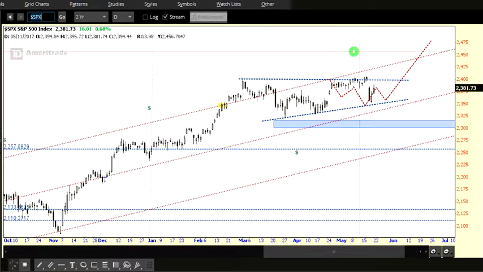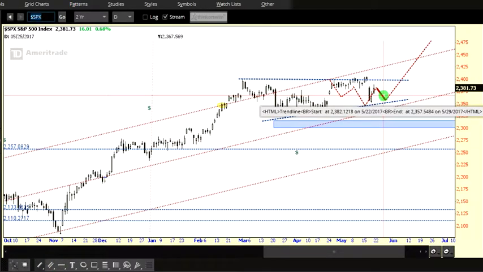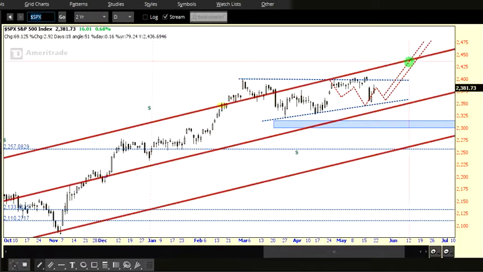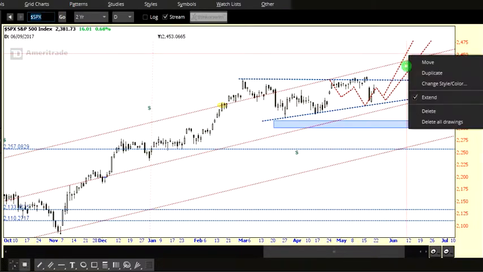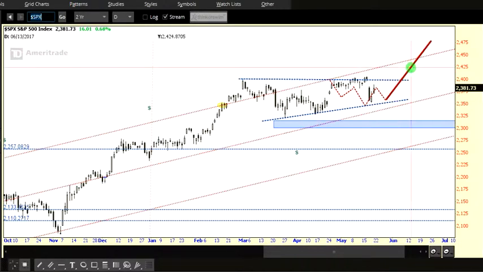So it's about a 5 or 6% move, something like that. In fact, let's just measure it, so we're not guessing. So let's say you bought here at 2367. So 2367 up to, call it right here, is about a 4% move. So if you want to try to get that last 4%, you want to try to buy right in here somewhere and let it run up here to the high.